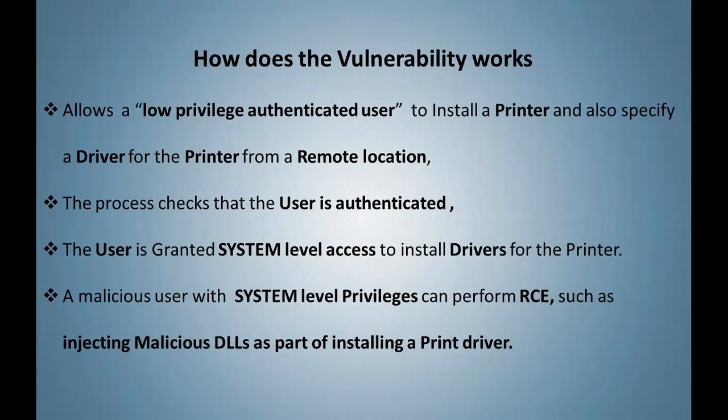Now, during this process, it checks that the user is authenticated. So that's one of the major checks, that this user is authenticated, has some sort of credential, maybe a privilege or low-level privilege credential to the system. Once that check is done, the user is granted system-level access.